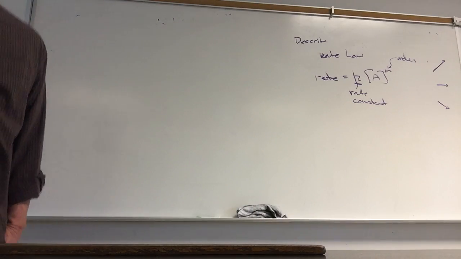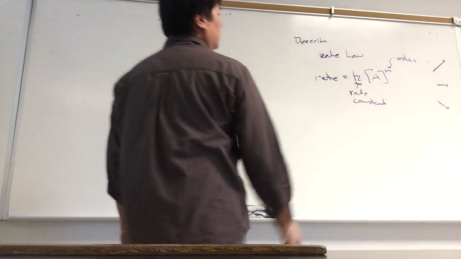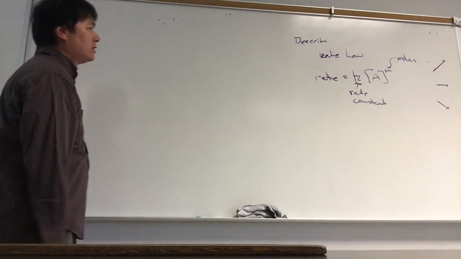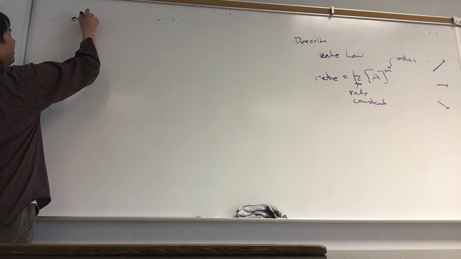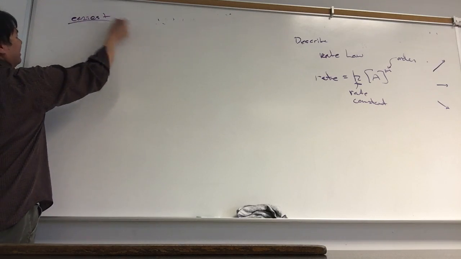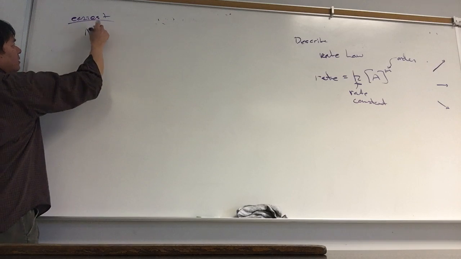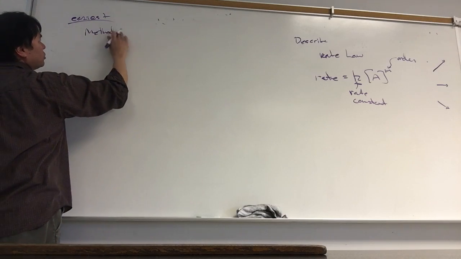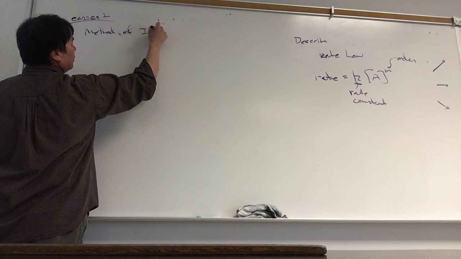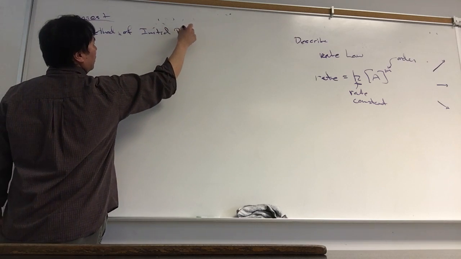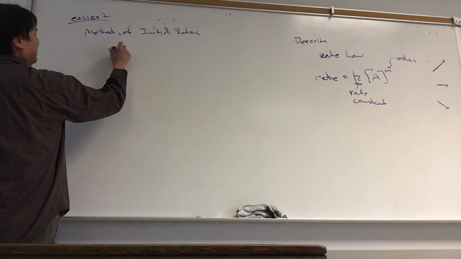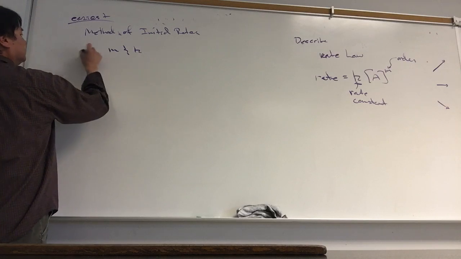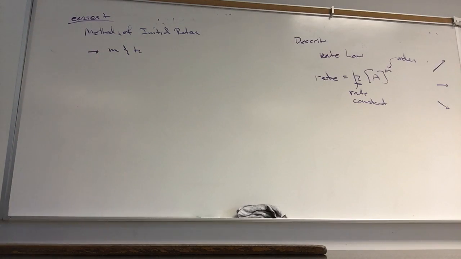The rate constant we can get via different means. And so what's the easiest way to determine the rate law or the order? The easiest way to determine this is something called the method of initial rates, to get m and k.